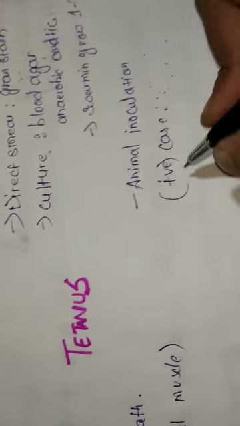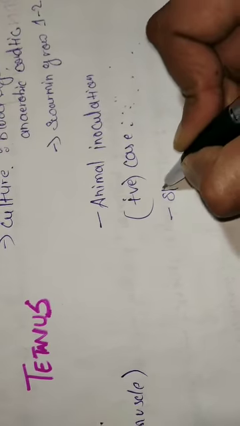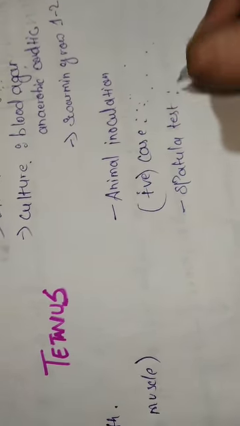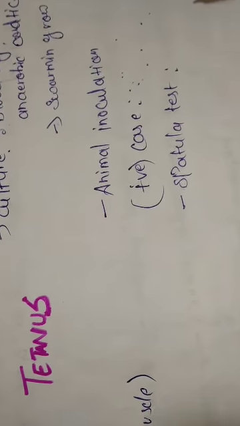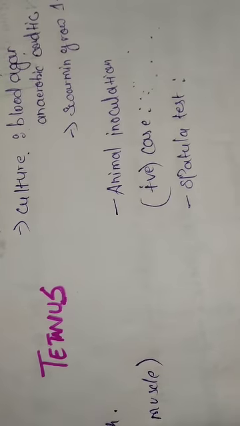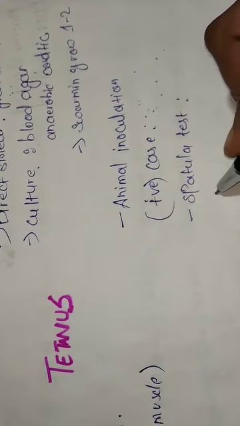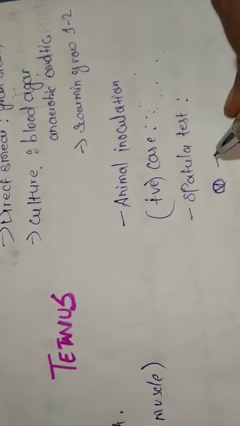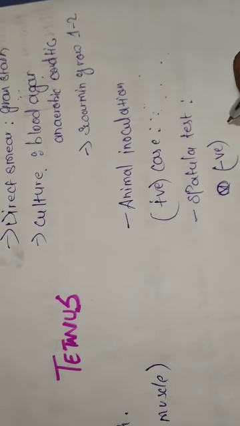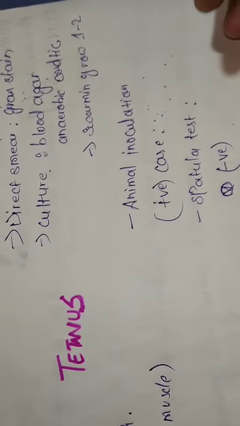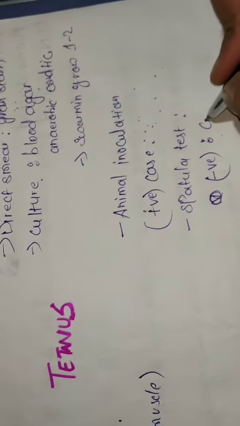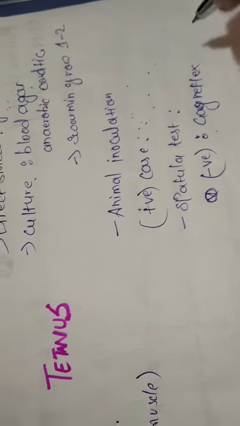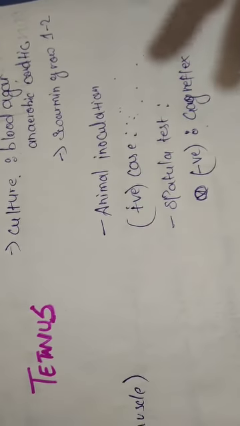And one most important test for this is the spatula test. This is a very simple test, done by touching the oropharynx with a spatula or a tongue blade. If it is a negative test, if a person does not have tetanus, the test elicits a gag reflex, and the patient tries to expel the spatula.